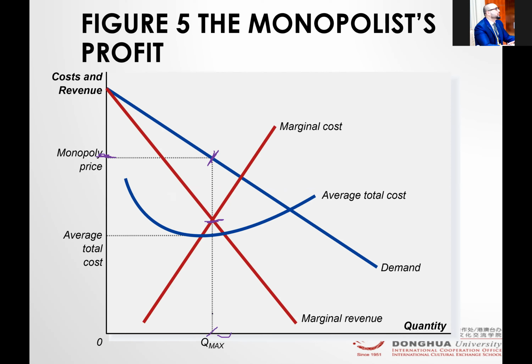And what is the cost? Cost is on the cost curve. So this is the cost. And what is the amount? This is the average total cost per unit. And the area, this rectangle E, B, C, D is the monopoly profit.